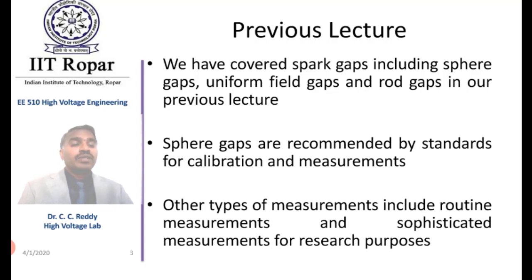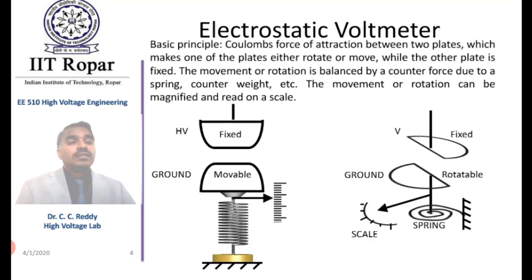From now on, we will study other types of measurements, including routine measurements and sophisticated measurements for research purposes, etc. This lecture is devoted to understanding the electrostatic voltmeter. I tried my best to cover as much material as possible in brief and to make the concepts crystal clear.